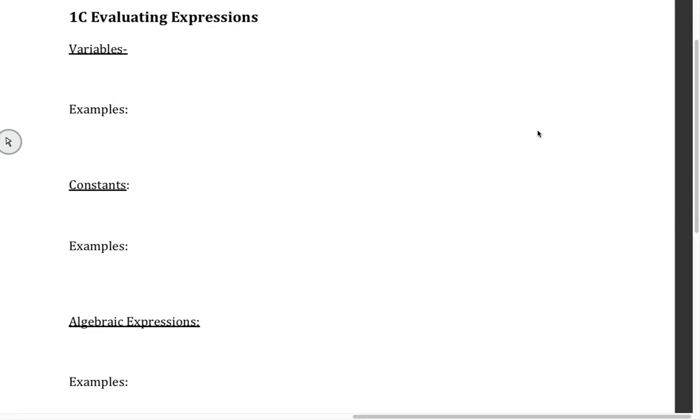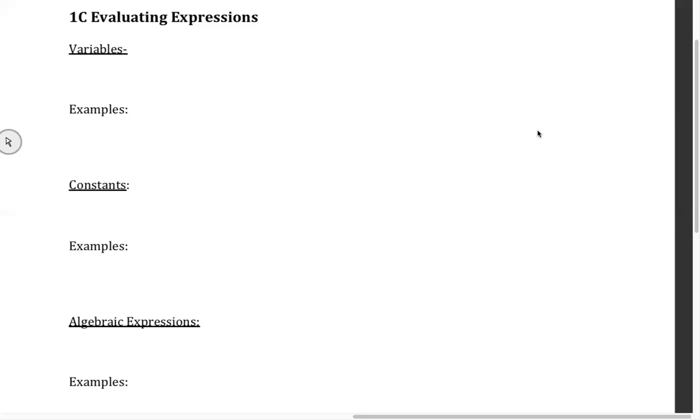That would be simplifying. But evaluate is a different type of simplification. What you do in evaluating is you're going to be plugging in numbers and then reducing it from there. Does that make sense to you, Mackenzie?